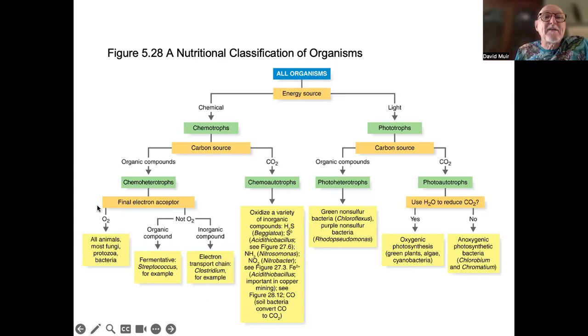So even in this group, in the chemoheterotrophs, we see that there is a substantial diversity. And all of this diversity ends up, what is their terminal electron acceptor? They are all utilizing some form of electron transport chain in order to produce their energy.